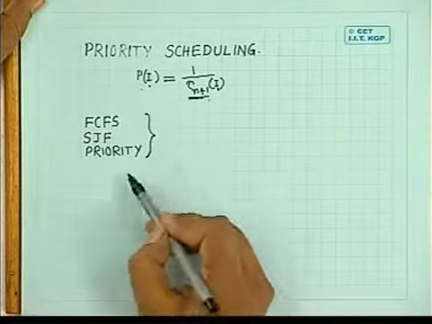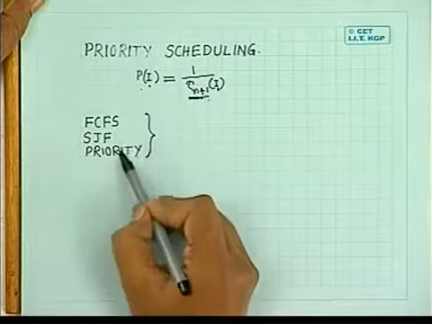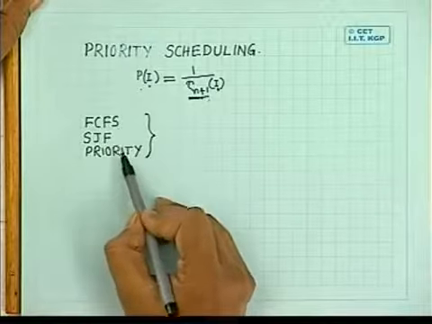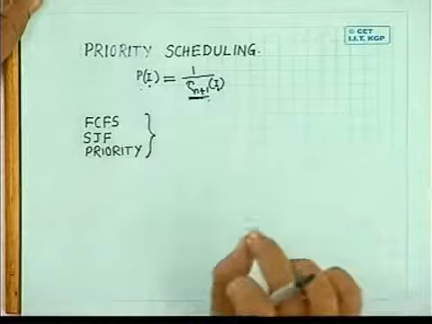So, for these three scheduling techniques, you see that once a job is given to the CPU for execution of a CPU burst, the CPU cannot be taken out of that job until that entire CPU burst is complete. That means the job cannot be preempted. It has to come out of the CPU naturally at the end of the current CPU burst.